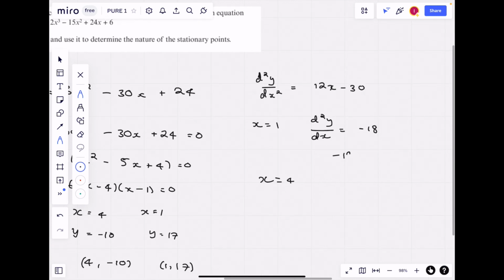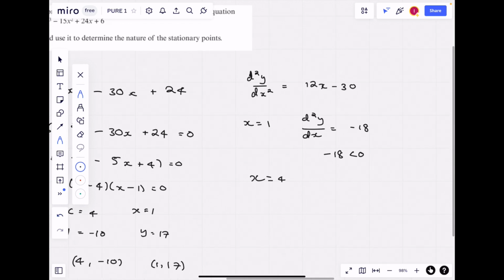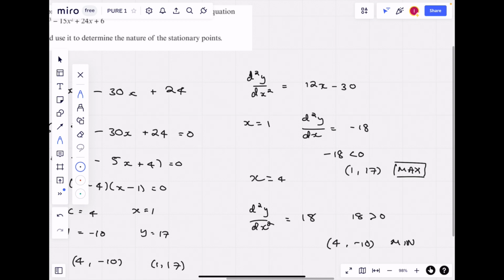Minus 18 is less than 0, which means 1, 17 is a maximum. When x equals 4, d squared y by dx squared equals 18, positive. 18 is greater than 0, which means 4, minus 10 is a minimum point. There you go. You've now determined the nature of the stationary points.